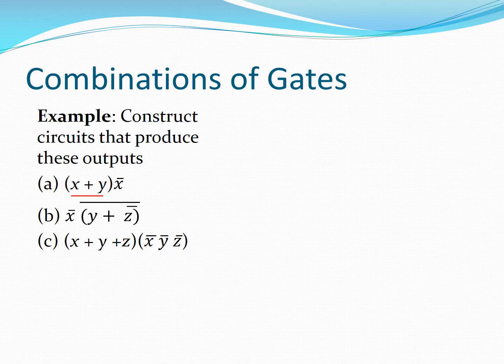Then the output of this has to be combined with x bar. How do you get x bar? By passing x through an inverter first. Then the output of the inverter and the output of this OR gate have to be passed into an AND gate to give you the whole function.